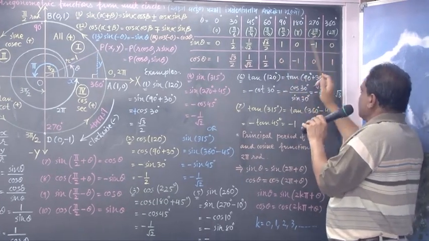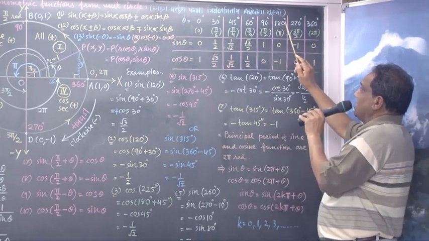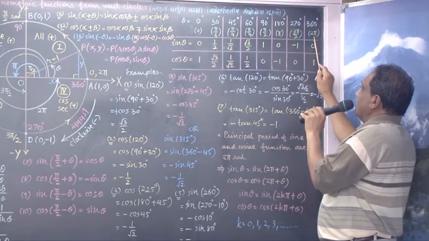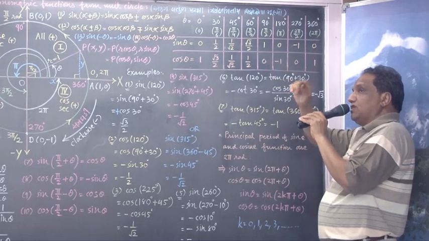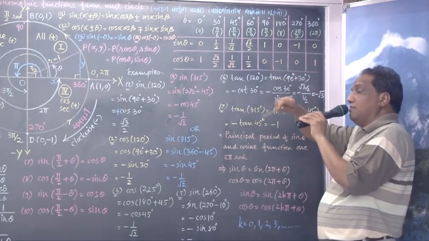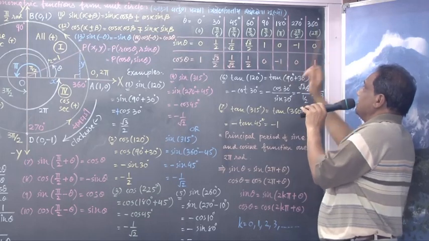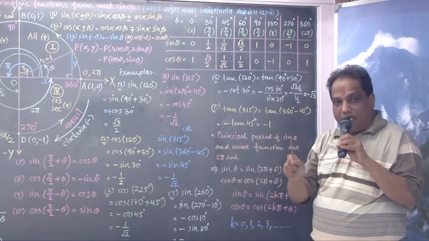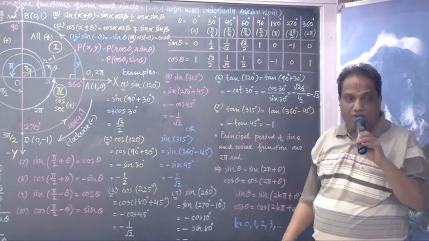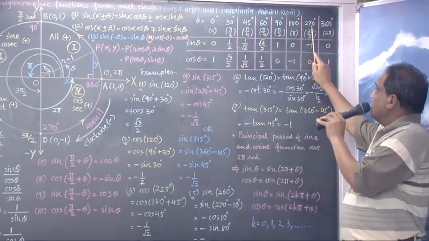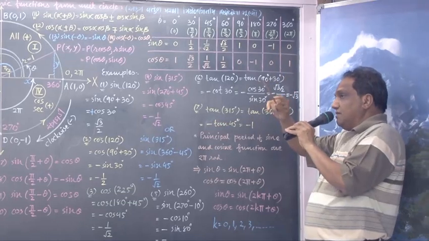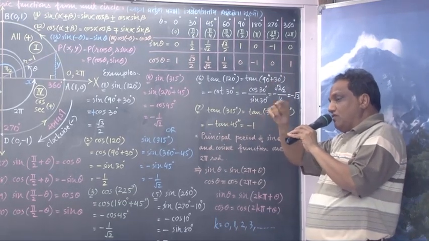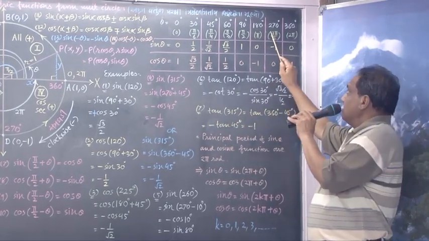Pi radian is 180 degree. When you multiply by 2, 2 pi radian equals 180 multiplied by 2, that is 360 degree. 180 multiplied by 1.5 will give you 270. And when pi is multiplied by 1.5, it is 1.5 pi. 1.5 is nothing but 3 by 2.